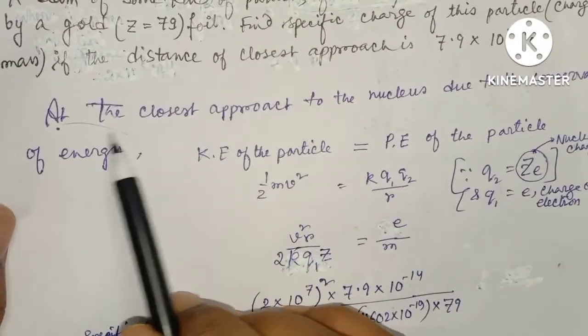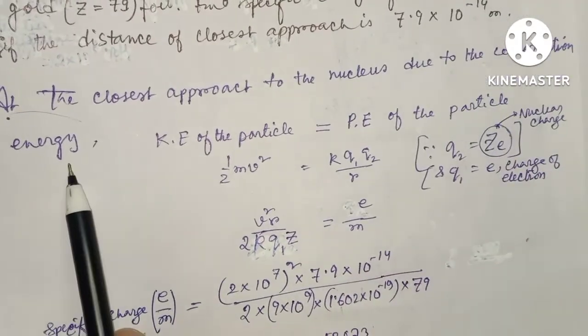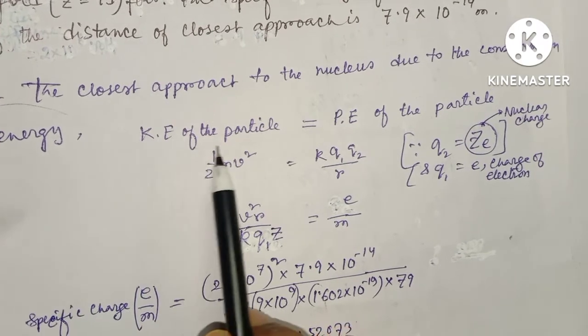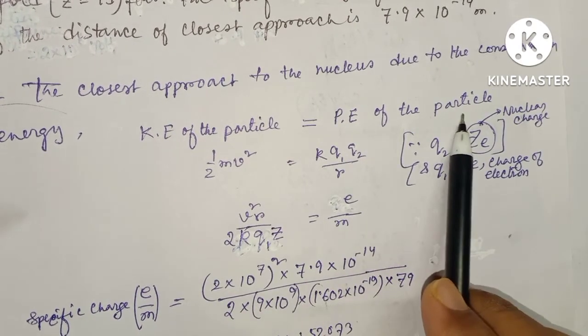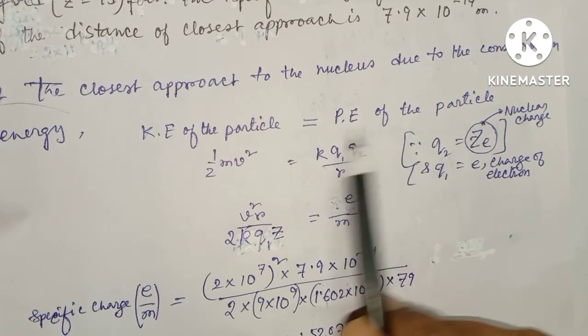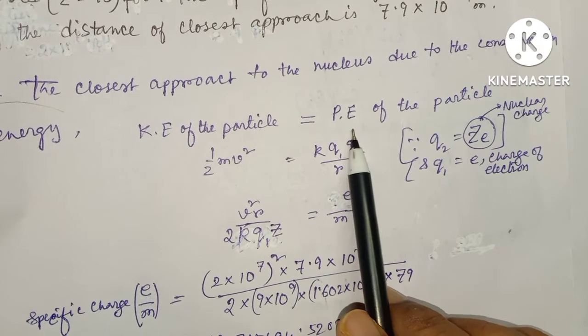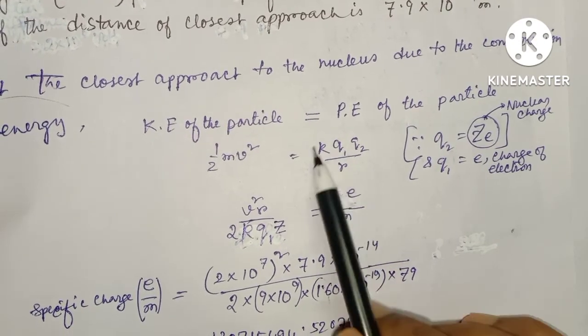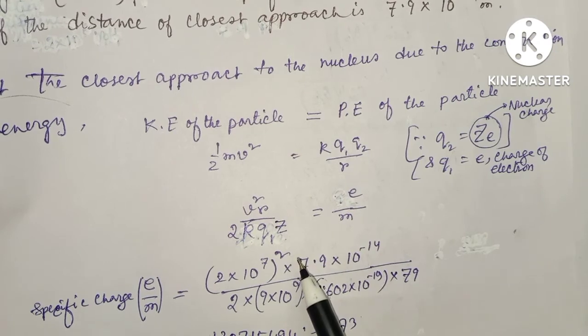So at the closest approach to the nucleus, due to the conservation of energy, we know the kinetic energy of the particle is equal to the potential energy of the particle. Kinetic energy expression is half mv square, and potential energy is nothing but the electrostatic force of attraction, that is kappa q1 into q2 by r.